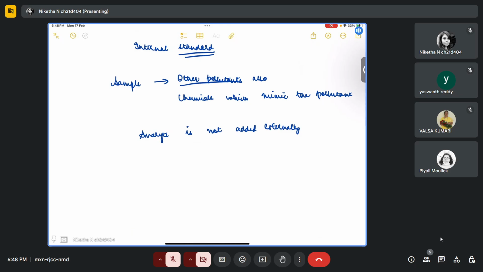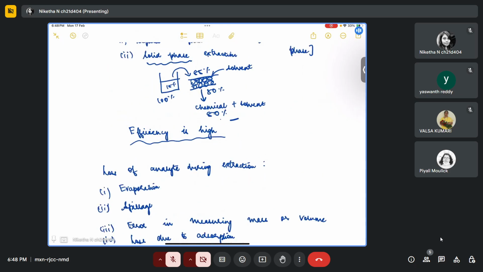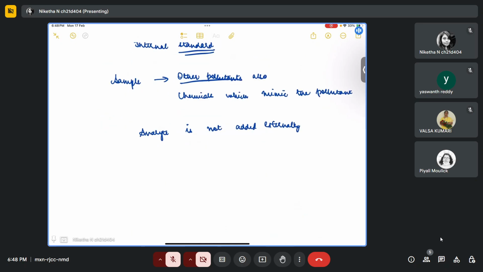So, like I said previously, efficiency is also known as recovery or recovery percentage, which is equal to the amount of analyte recovered divided by the initial concentration of the analyte.